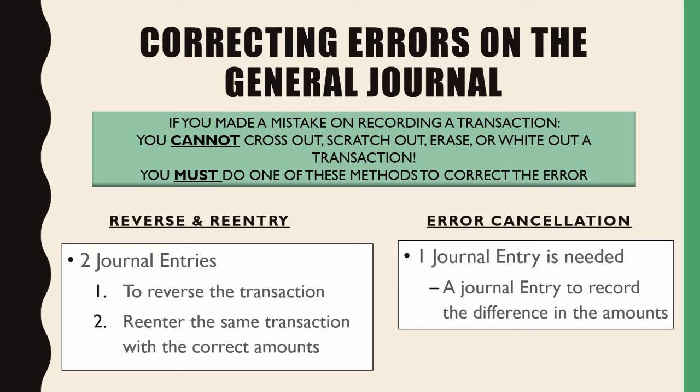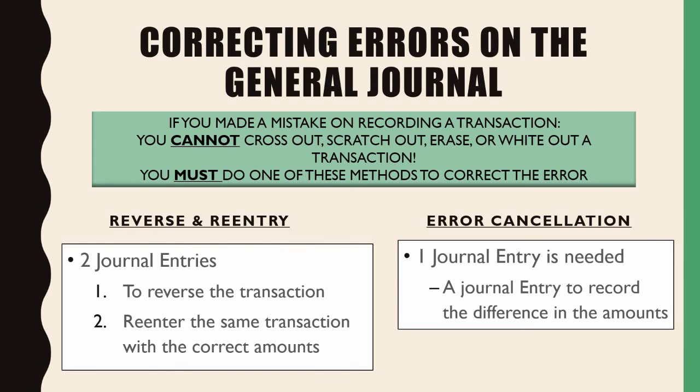For beginner users who are still not very familiar with how to journalize transactions, you are better off using the reverse and re-entry method, whereas people who have been doing accounting for longer or who truly understand journalizing in general will find error cancellation much easier and less time consuming than a reverse and re-entry in this case, okay?